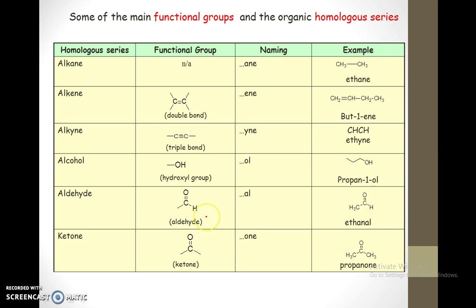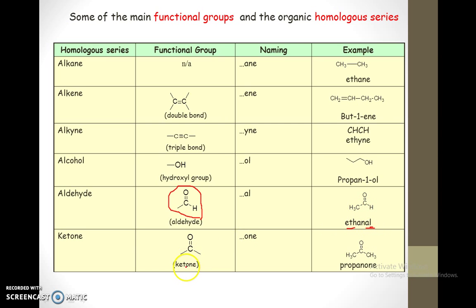Aldehyde, so I think this is new for you. This is the functional group of aldehyde, and the naming suffix is al. Ethanal refers to 2 carbons, 1 2, and then put the al.